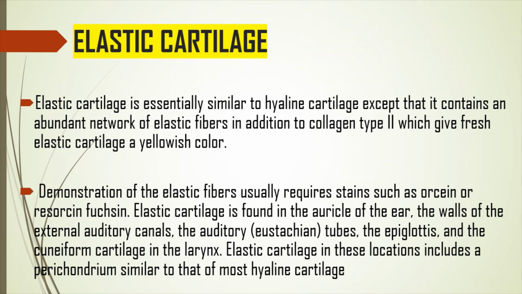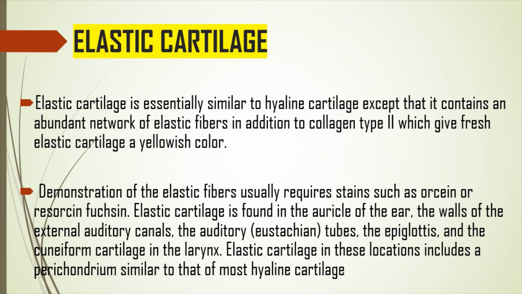It is bendable. Demonstration of the elastic fibers usually requires stains such as orcein or resorcin fuchsin. Elastic cartilage is found in the auricle of the ear, the walls of the external auditory canals, the auditory tubes that are also known as eustachian tubes, the epiglottis, and the cuneiform cartilage in the larynx.